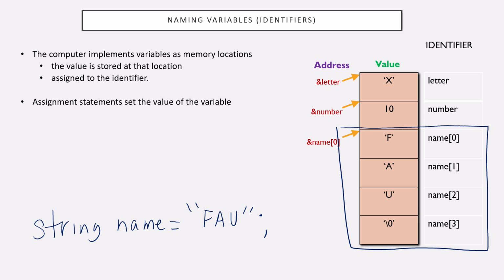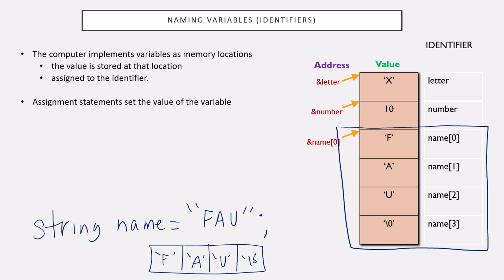Strings in C++ have double quotations like this, and this string right here is made up of characters, which would be a single character F, single character A, single character U, and all strings end with a null character. So this is how strings are stored, and they are stored as character arrays. Later we will get into more details about the difference between C-style strings and character arrays.